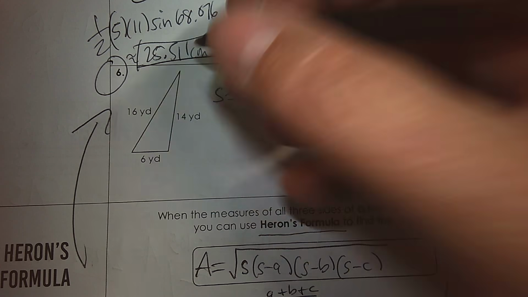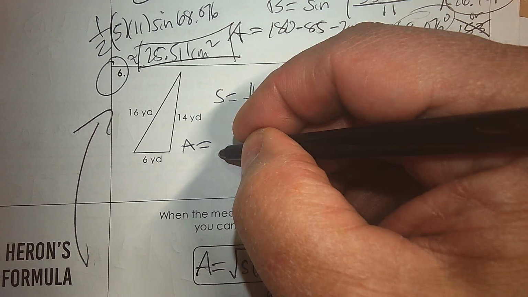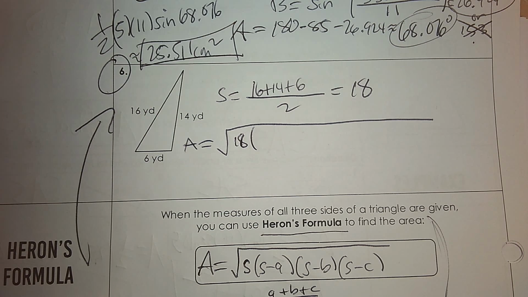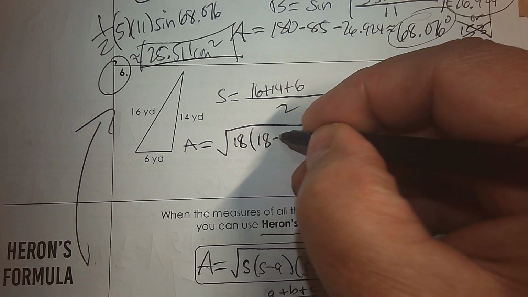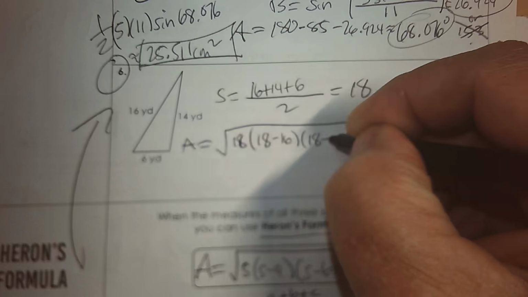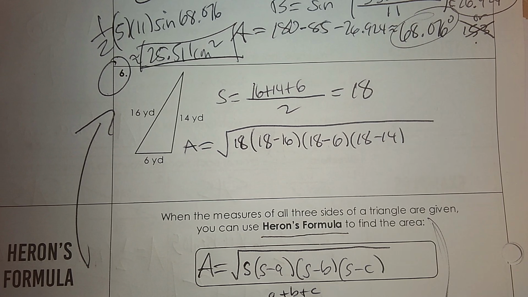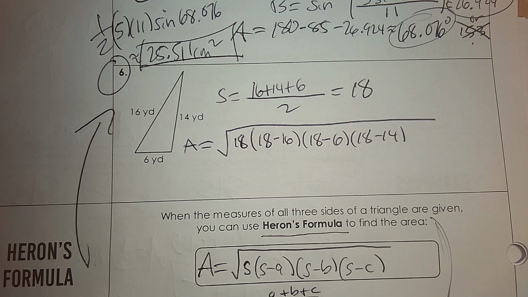All right, the formula is really intuitive. Big square root. Start with 18, and then you use that 18. Order doesn't matter, and you just start subtracting. 18 take away 16, 18 take away 6, 18 take away 14. So you have that number, and you start with it, and then you just start subtracting each side one at a time.